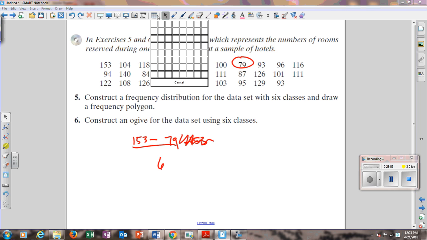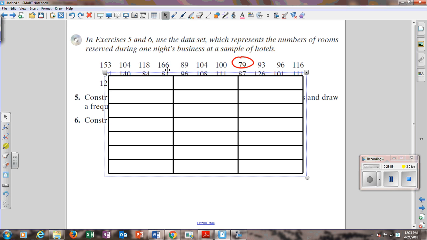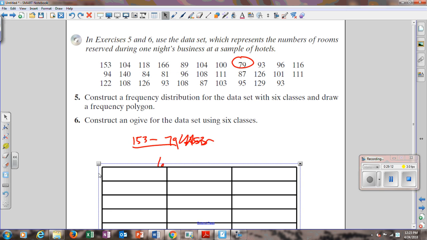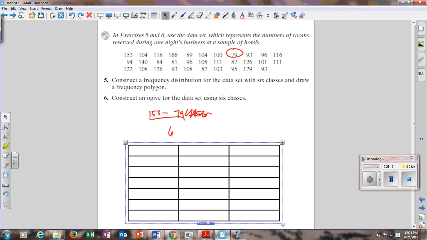So let's create a table with these classes. Lowest class is 79. Then you just add 13. That gives you 92. Add 13. 105. Add 13. It's 118.